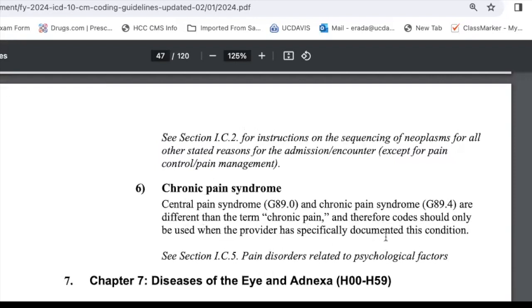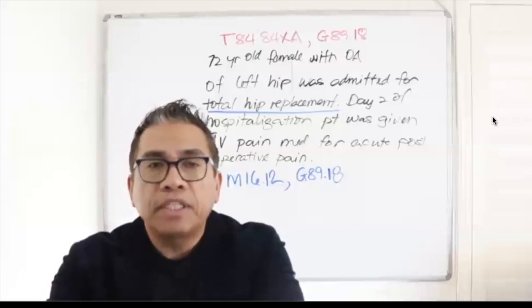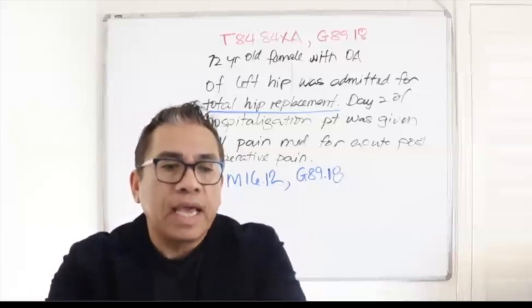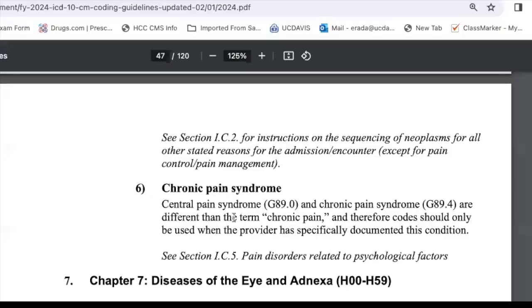So what this means, guys, is that you only assign G89.0 or G89.4 if the provider has documented verbatim that the patient has chronic central pain syndrome, or chronic pain syndrome.